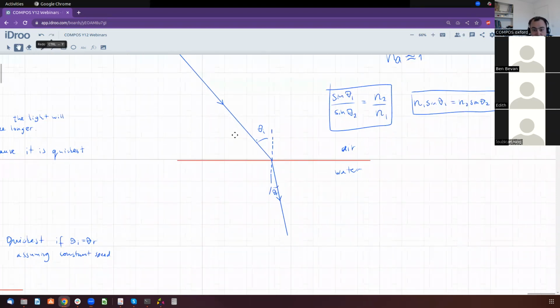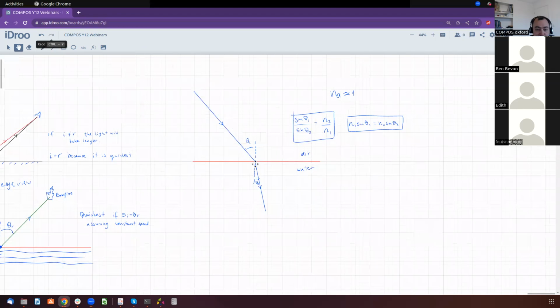Then it turns out that if light goes from A to B, then this is the quickest path. The path from A to B is quickest.